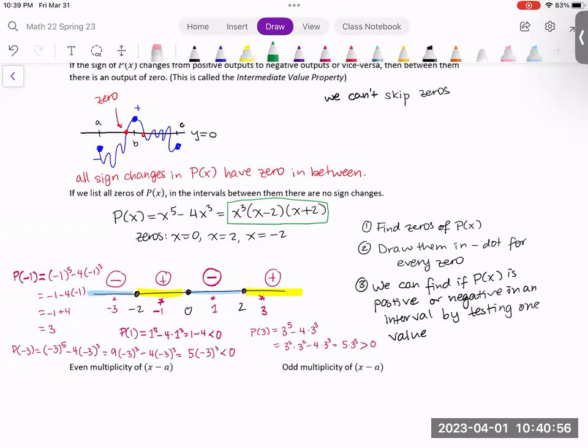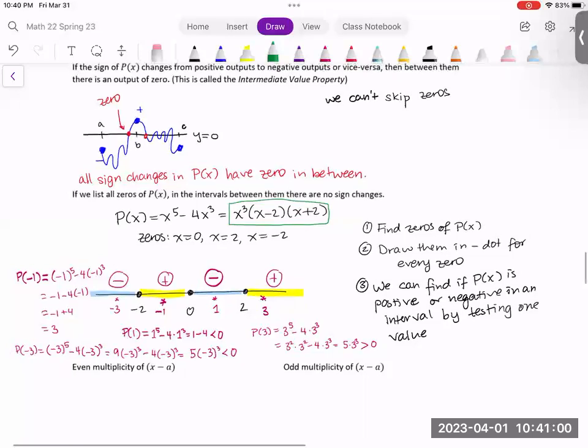And so if we look, for example, at this input of 3, we have 3 cubed times 3 minus 2 times 3 plus 2. So this is a positive thing times a positive thing times a positive thing. 3 positives multiply to give us a positive.